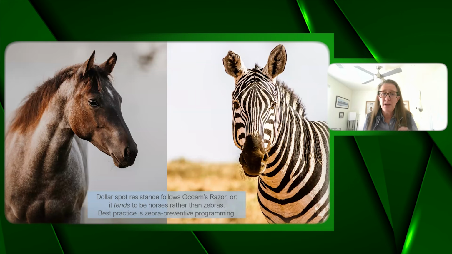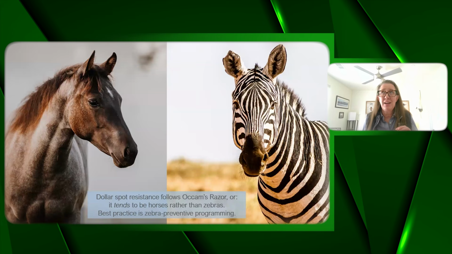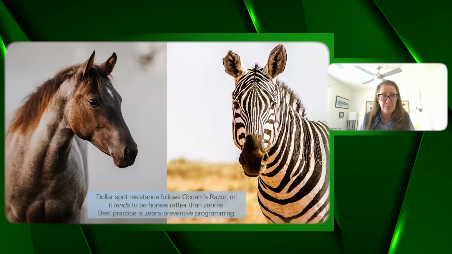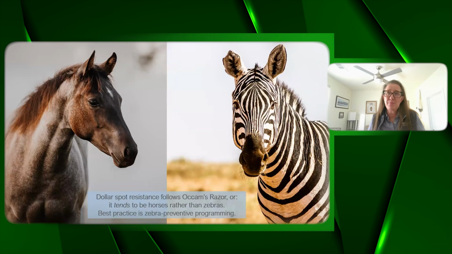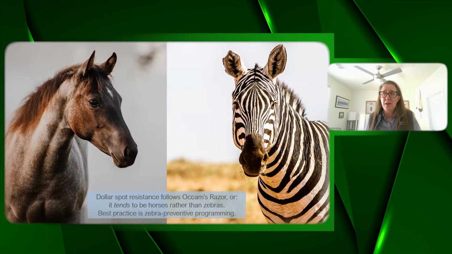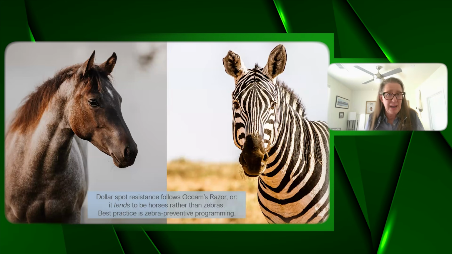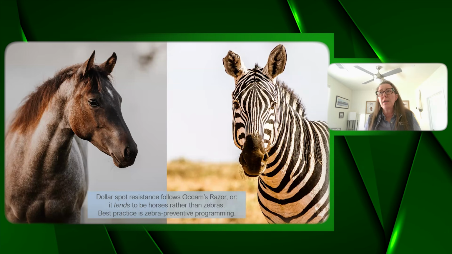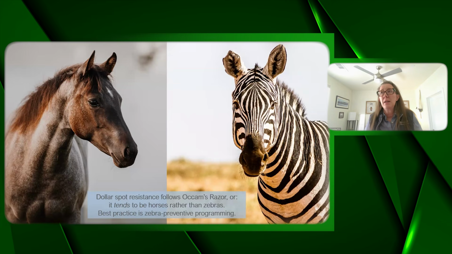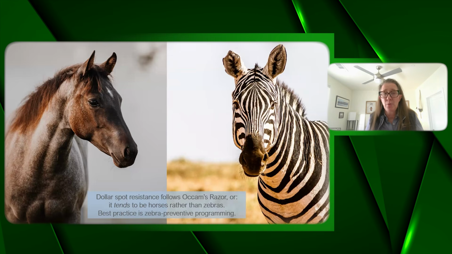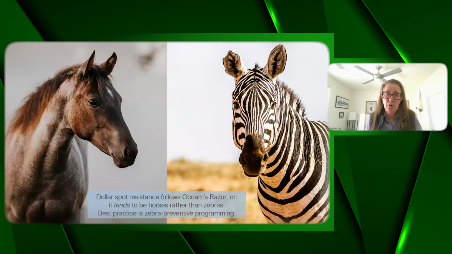So it can happen, but we want to rule out all the simple answers first. Like, we didn't ID the pathogen, right? We thought it was dollar spot, and actually it was Rhizoctonia. That happens. Or we didn't get the greatest coverage, or we did clean up the dollar spot and there was also another pathogen. That also happens.